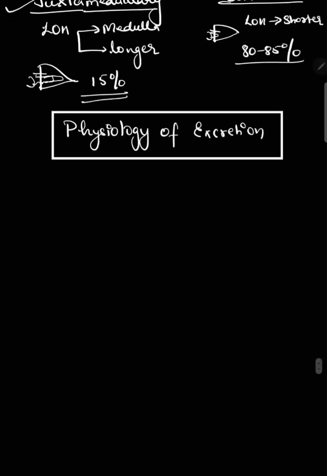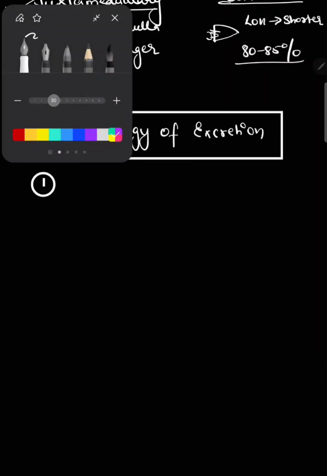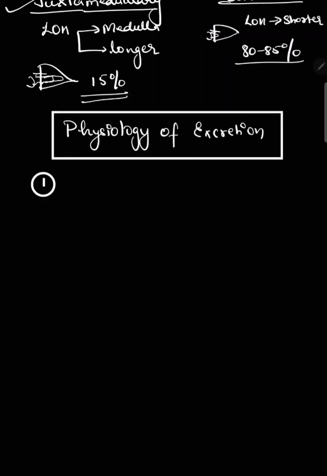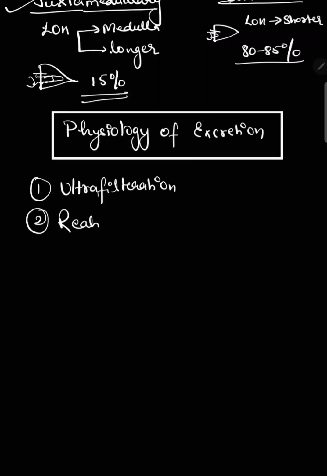The first step is called ultrafiltration. The next step is called reabsorption, and the third one is called tubular secretion.